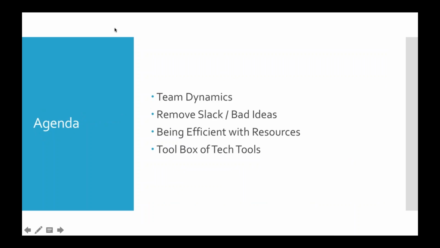Our agenda today: we're going to talk about team dynamics, and how startup companies and then we ourselves build teams, and at the same time how we should remove bad ideas or slack to increase our efficiencies. Then we're going to switch gears and talk about being efficient with what we do have and how we can look at data in a different way.